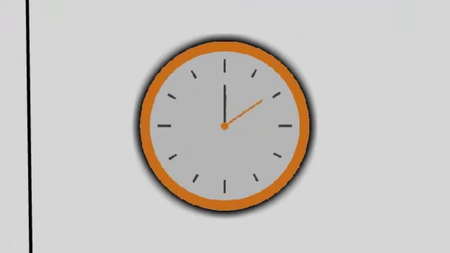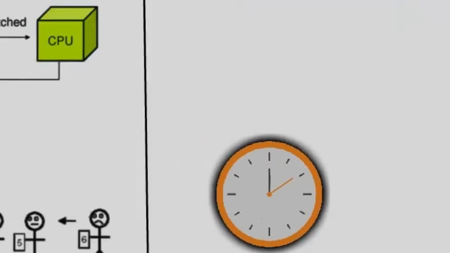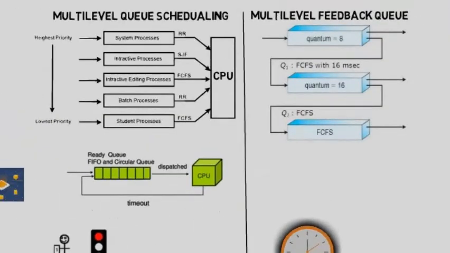So for example, as in the following figure in front of you, let's say that a process enters the highest priority queue, and let's say it has a burst time of 25, and the first queue has a quantum of 8, as it shows in the figure.